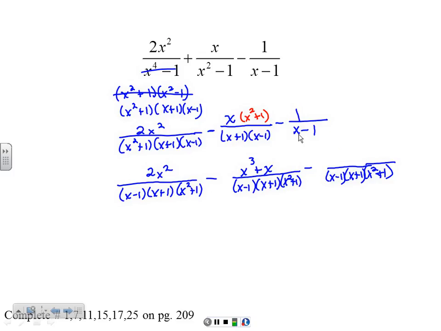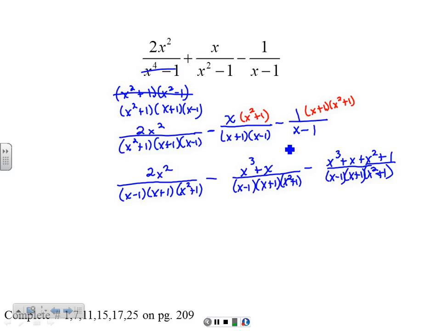Now here, we multiplied by an x plus 1 and an x squared plus 1. And of course, anything times 1 is itself, so if we foil this out, we'll get x to the third plus x squared plus 1.